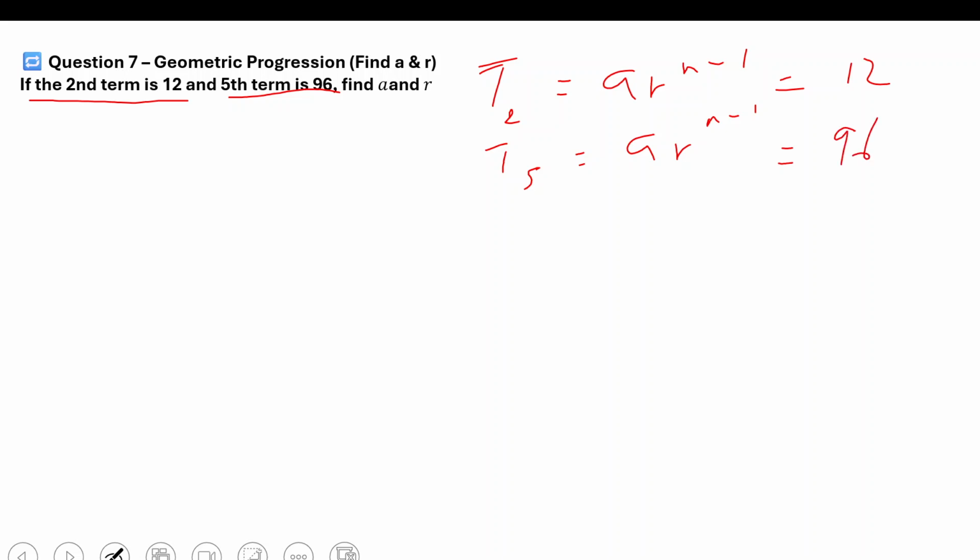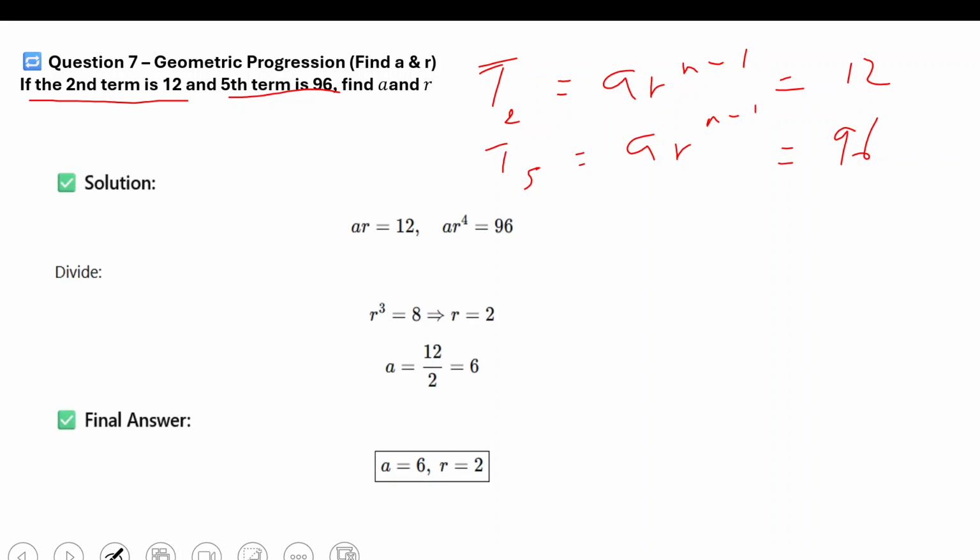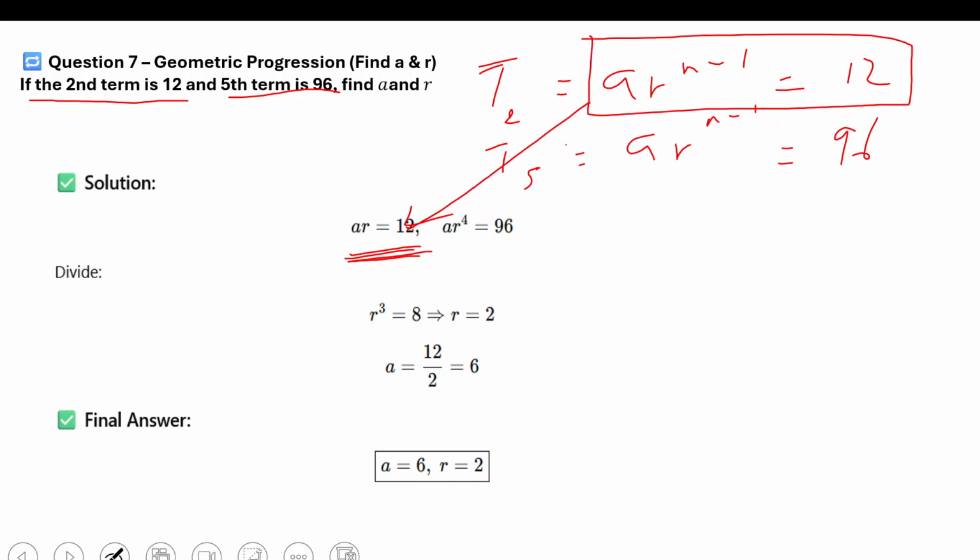Find a and r. So this translates to this, for the second term, and this one for the fifth term translates to this, right? So we can actually divide the two equations.